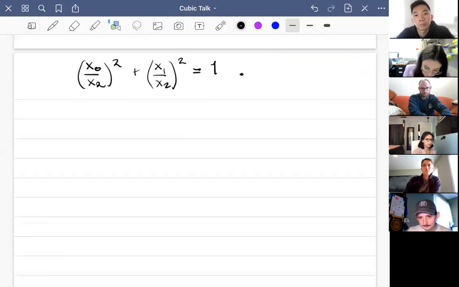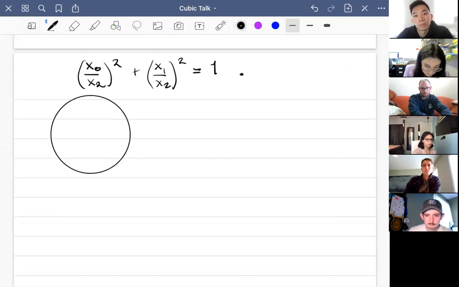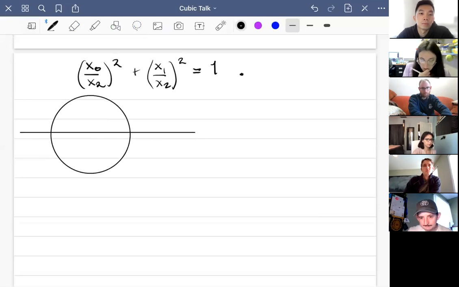So let's just consider the picture. If we take the unit circle, what we can do is construct a map from C to the projective line in the following way.